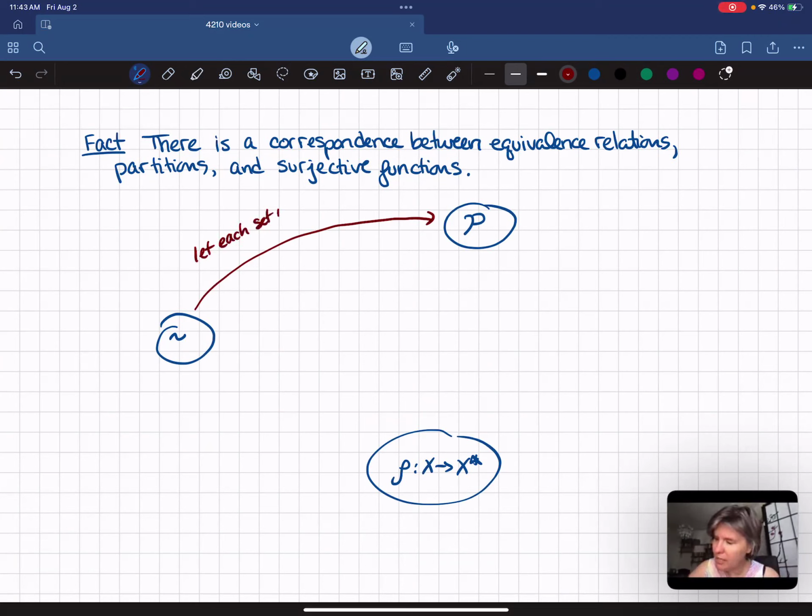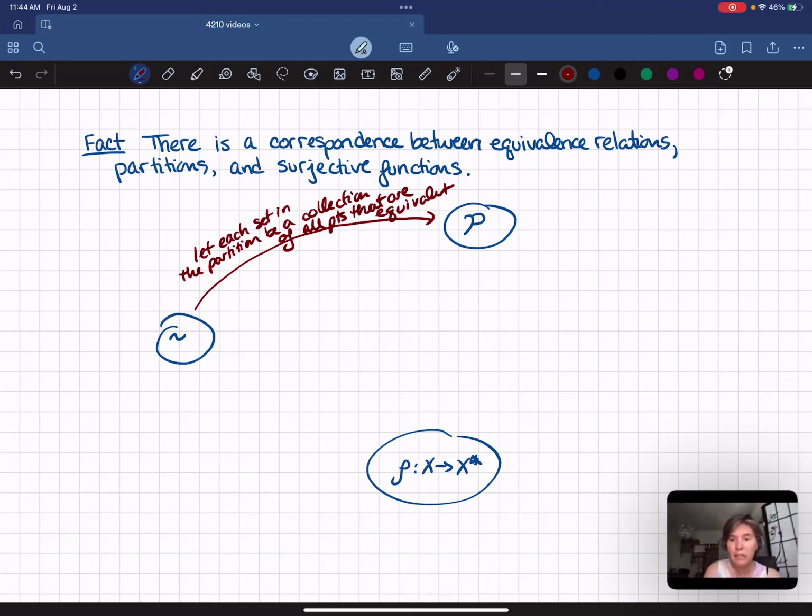Let each set in the partition be a collection of all points that are equivalent to each other. So we call those equivalence classes, but you don't need to know that terminology, but that's what we would call it, an equivalence class.